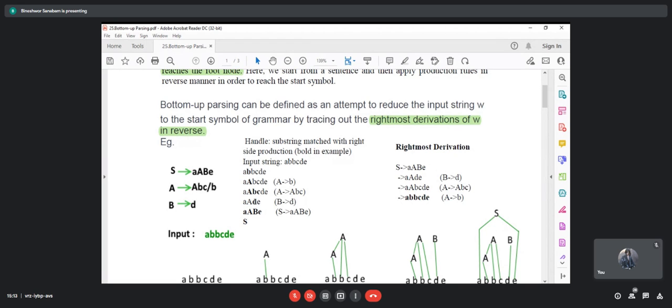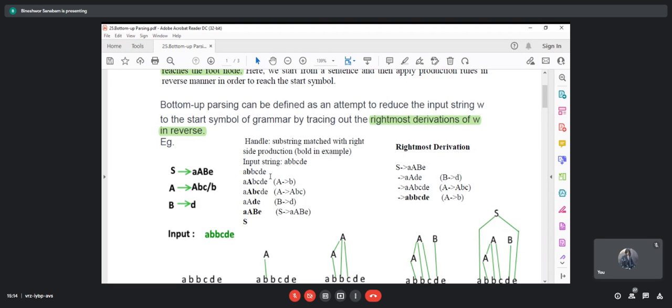Next we can derive this d using the production B implies d. So instead of d, we replace it with B. So we have small letter a, capital letter A, then capital letter B, then e. This string can be derived by S, since S implies this one. So at last, we reduce this to S.